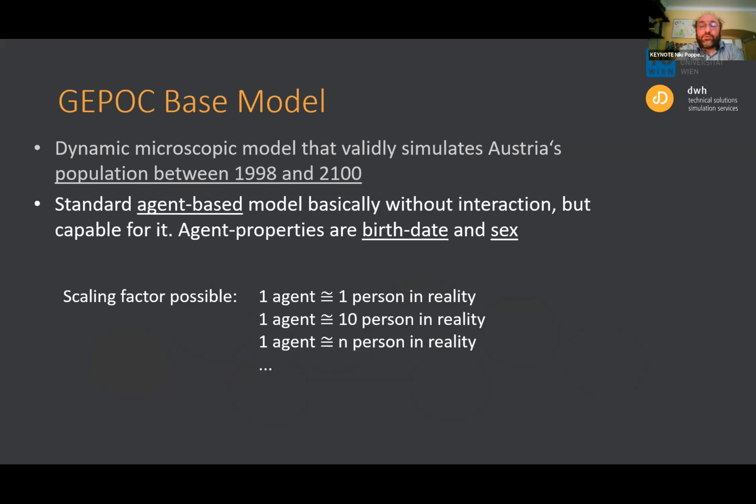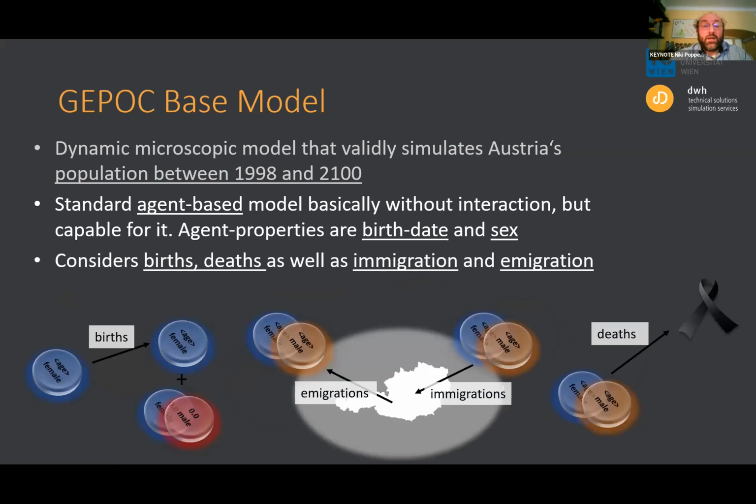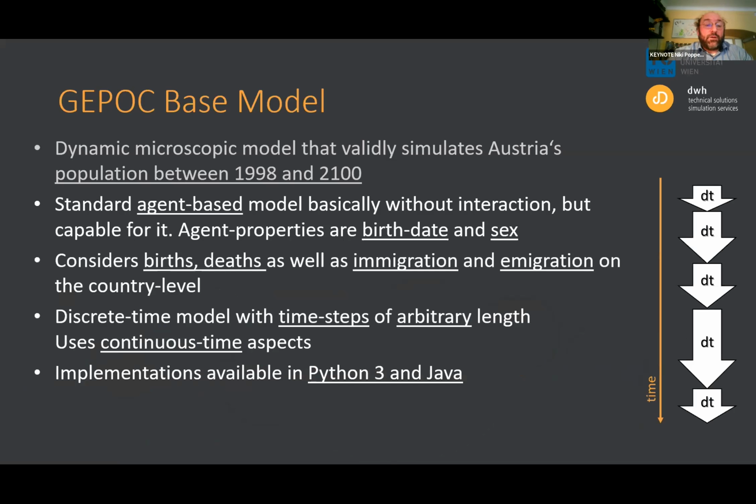So we really have to compute 8.9 million Austrians, and we cannot reduce it like we can in other approaches. More or less, it's a discrete time model with time steps of arbitrary length, using continuous time aspects as well. And it's implemented in Python 3 and Java, so we are very flexible and quick.